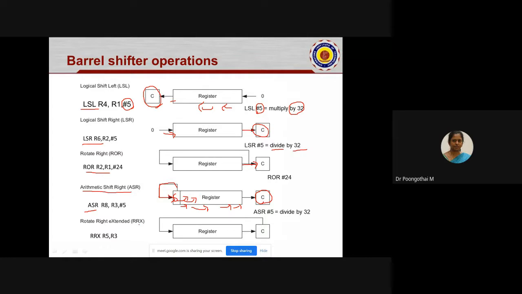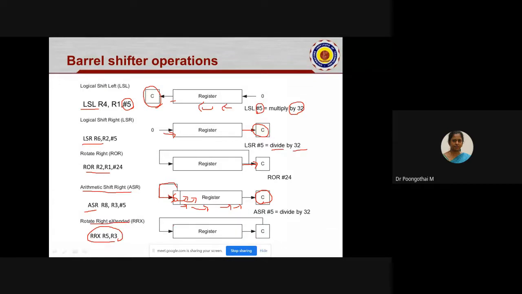And the rotate right extended operation is similar to the ROR operation with a little difference. It rotates the number to the right by one place, so only one rotation is possible in rotate right extended.